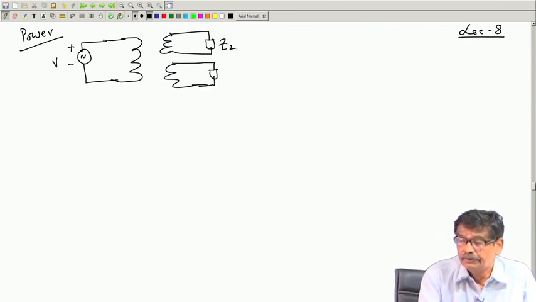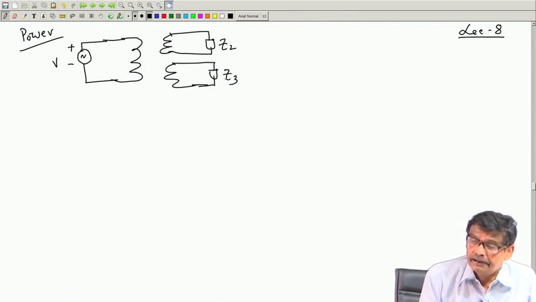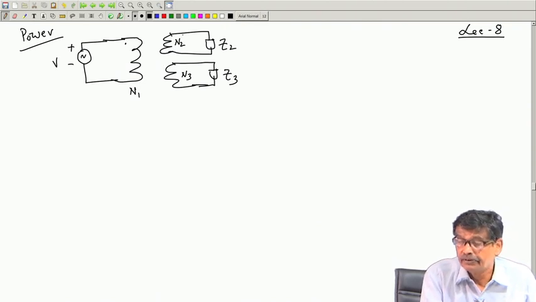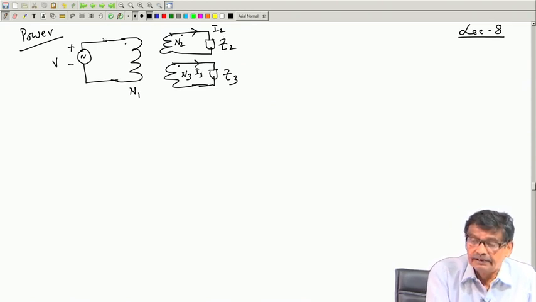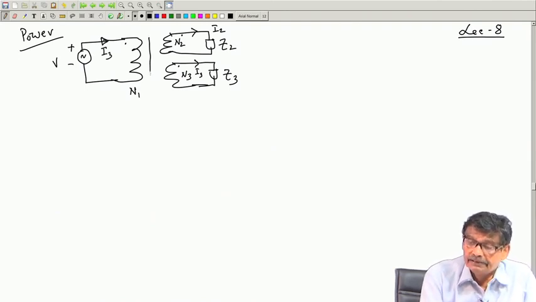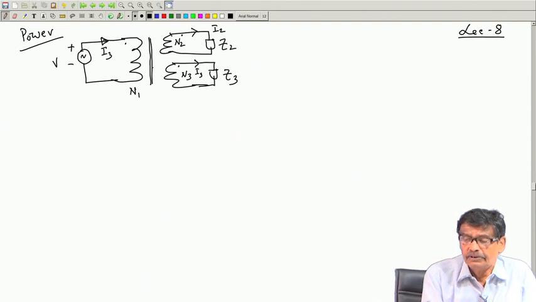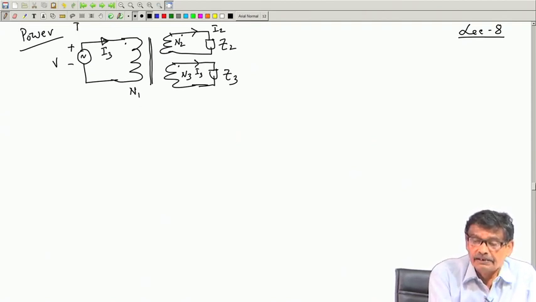Suppose this is Z 2, this is Z 3, and I know the number of turns N 1, N 2 and N 3, and suppose these are the dots of the terminals. My problem is to calculate these currents I 2, then I 3 and the current drawn from the supply. This is the transformer core, which is an ideal transformer, mind you, ideal.